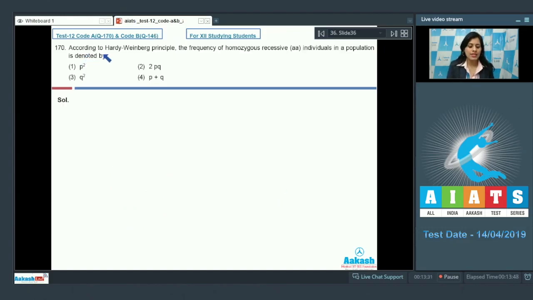Question number 170. According to Hardy-Weinberg Principle, the frequency of homozygous recessive represented by small letters AA individuals in a population is denoted by, and the options are P square, 2PQ, Q square, P plus Q. And the correct answer to this question is option number 3, Q square. Hardy-Weinberg Principle states that the sum total of all allelic frequencies of a gene is 1.